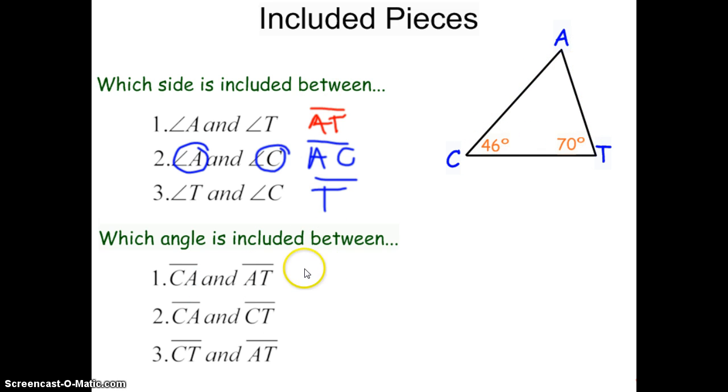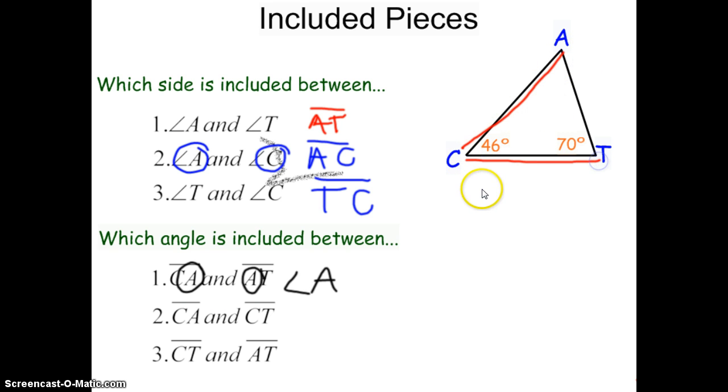That's going to be angle A. You can also know that because both of these include an A. So you know that if they both include an A, then the angle that is included between them is going to be A. Now let's look at CA and CT. The included angle is going to be angle C.